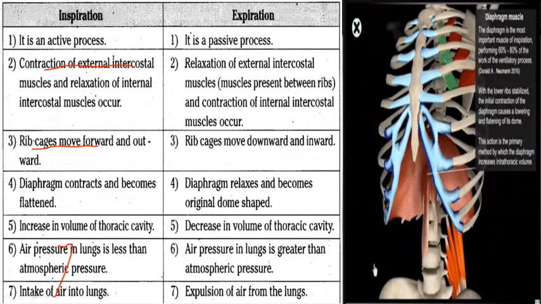And air pressure in the lungs is less than the atmospheric pressure. It means now, because the ribs are raised and the diaphragm is lowered, there is too much space to expand the lungs. The lungs expand because they have too much space. When there is too much space, the air pressure is less.